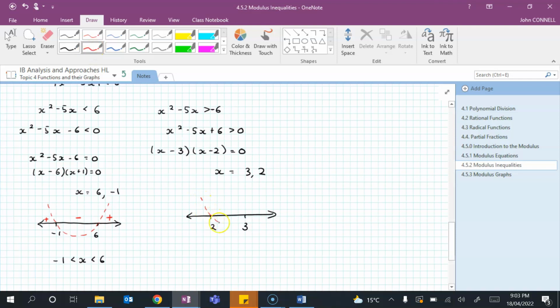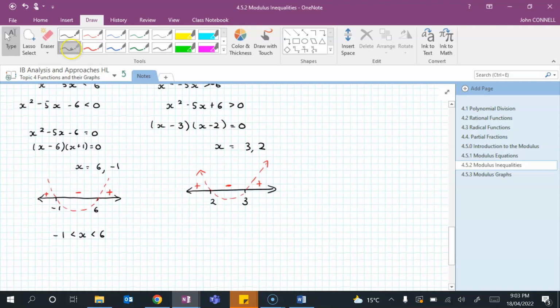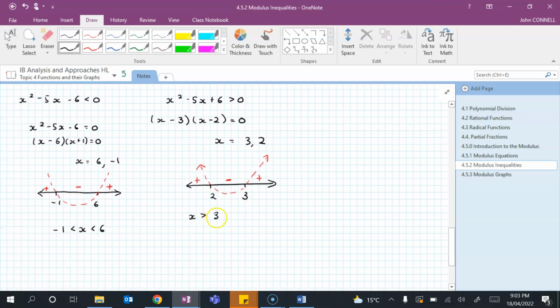Again, the coefficient of x squared is positive, so it's upward facing. So I'm positive on the outer edges and negative in the middle, and this time I do want it greater than 0. So we get that x has to be greater than 3, and x has to be less than 2.